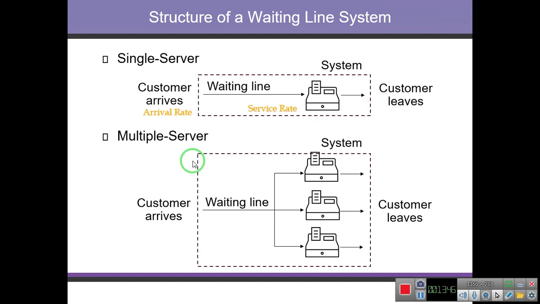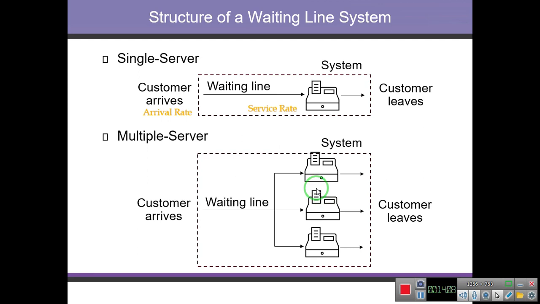In a multiple server system, there's going to be a waiting line. The book is not very clear about this, but again, we're not going to cover all the systems. We assume that if there are multiple servers, you just go right to the next one that is available. Like at a supermarket, you go for the one that looks the best.